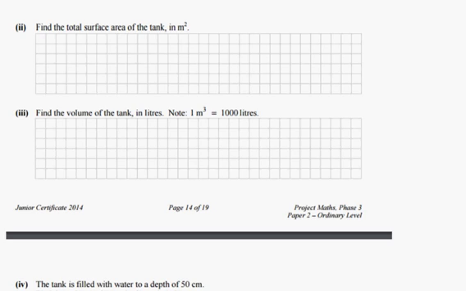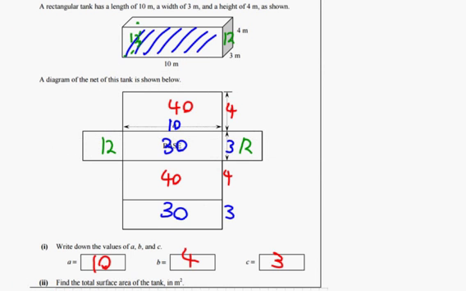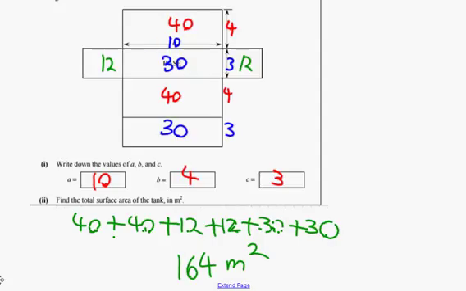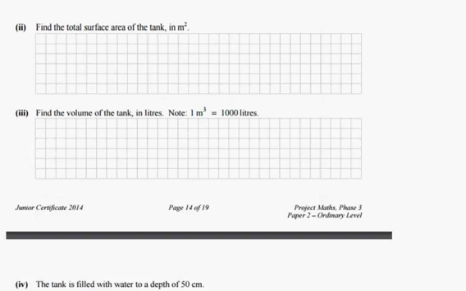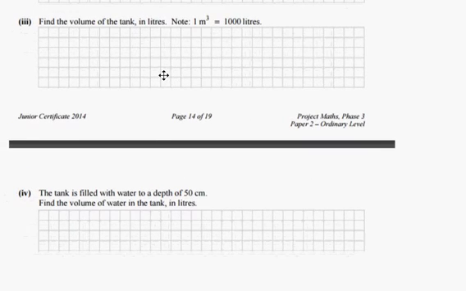Did we not just do that? We did. Now we have to find the volume of the tank. So I already found this here, 164 meters squared. It says no here, we have to get volumes. Now, volume's a different kettle of fish.